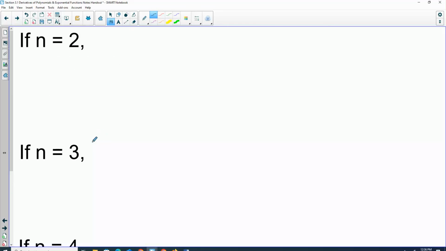Let's figure out if n is 2. So we're talking about x squared, right? So if we were going to work this out, the limit as h approaches 0 of f of x plus h, so x plus h squared, minus f of x, all over h.